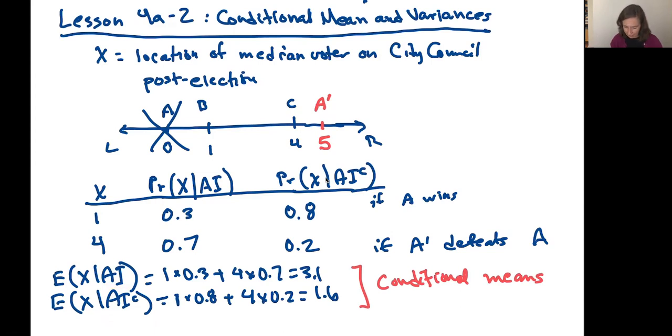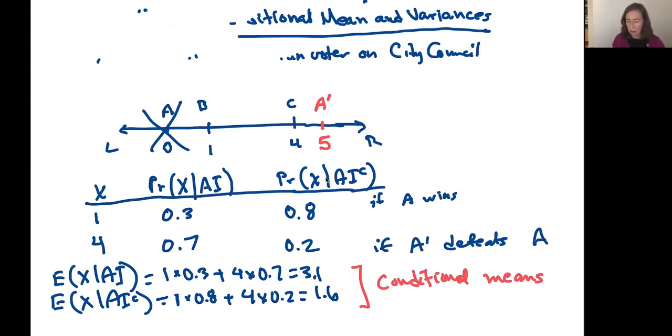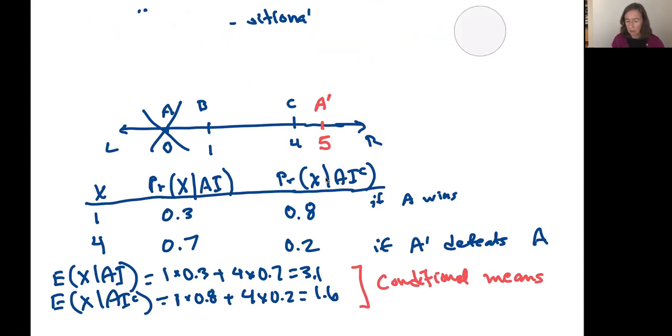Okay. We can do the same thing with variances. And since I want to be able to look at these same numbers, I hope it doesn't bother you too much if I erase some of the stuff at the top of the page here. That's redundant at this point, just to give myself a little more good space to work with to calculate the conditional variances.